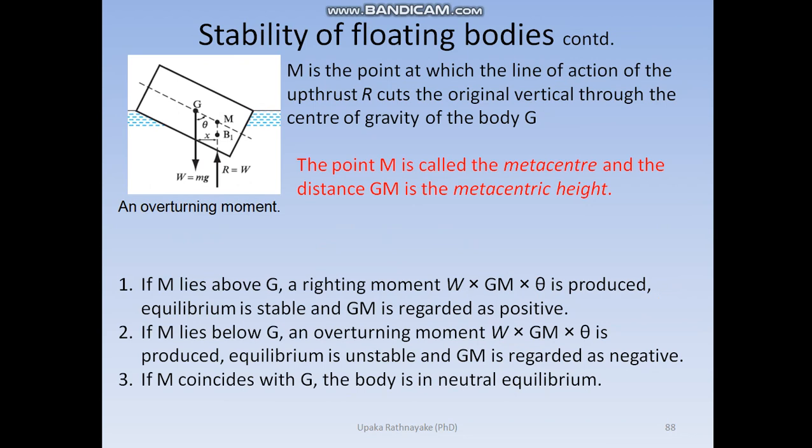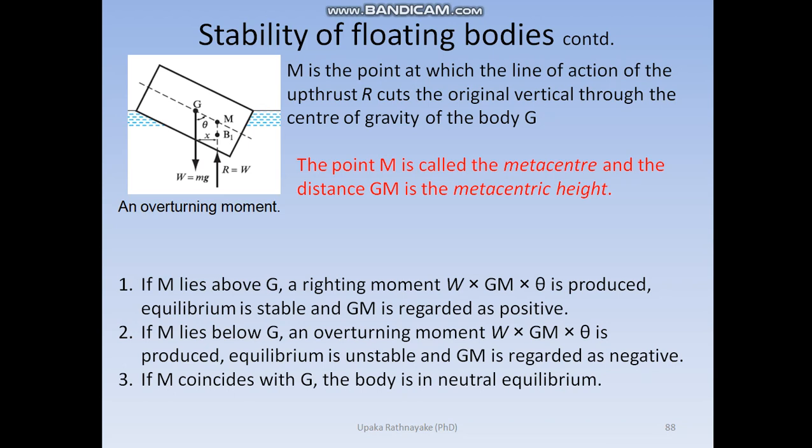Now let us look at the limitations for the three cases. If M lies above G, a righting moment is produced so that the stable equilibrium is satisfied. Case 2.